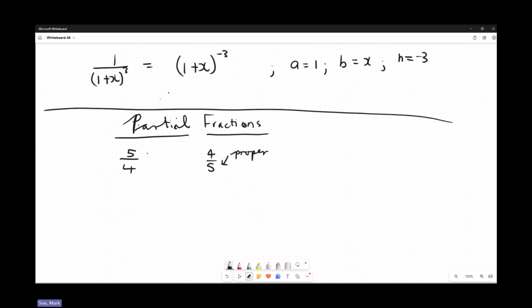Can you see the screen there? Yes. It becomes improper when the numerator is bigger than the denominator. It becomes proper when the numerator is smaller than the denominator. You remember that from school, no? Right, yes.